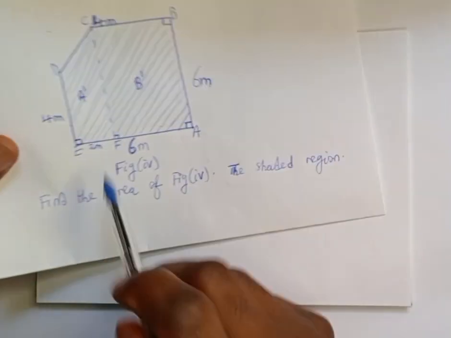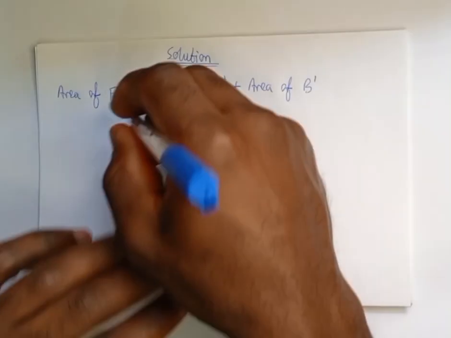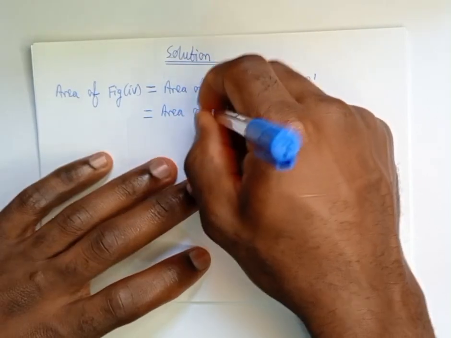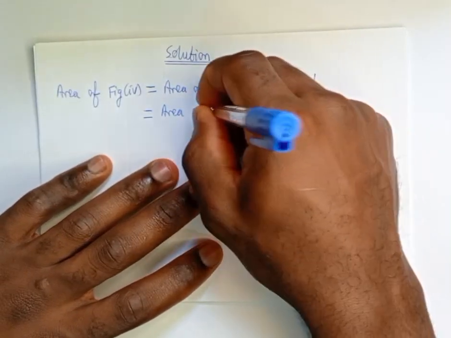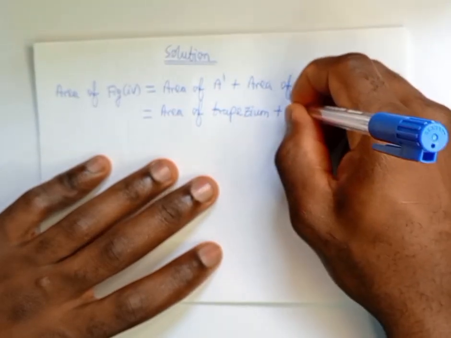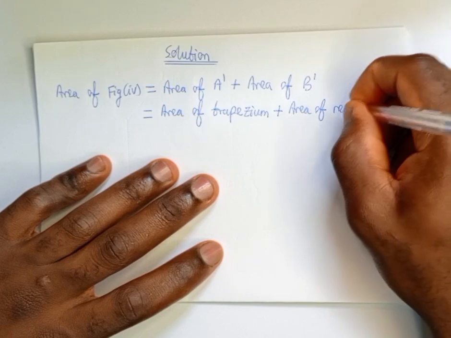Remember, A prime is our trapezium, B prime is the rectangle. So this will simply be equal to area of trapezium plus area of rectangle.